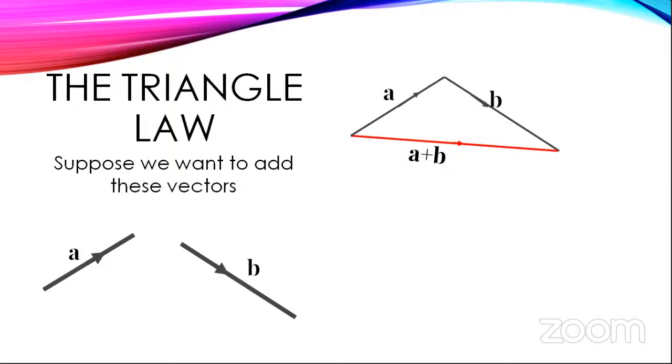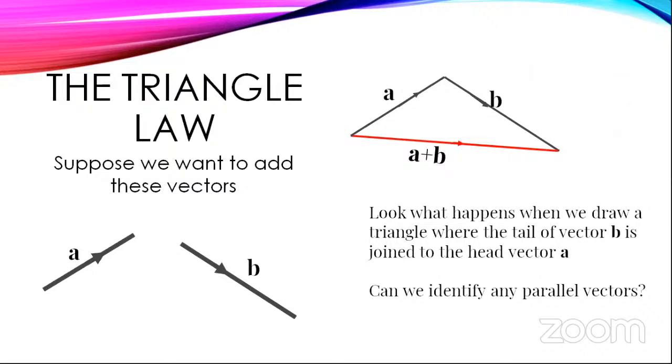What if I had connected A to the tail of B? Let me see if I can bring up that image. What if I had connected it the other way? Would I have gotten the same result if I had decided to go with B first?